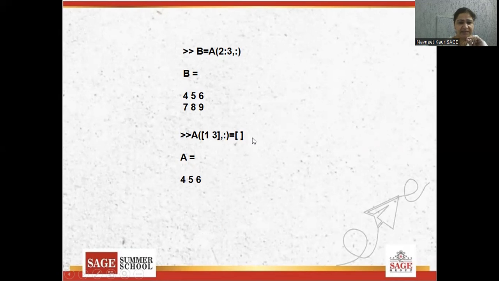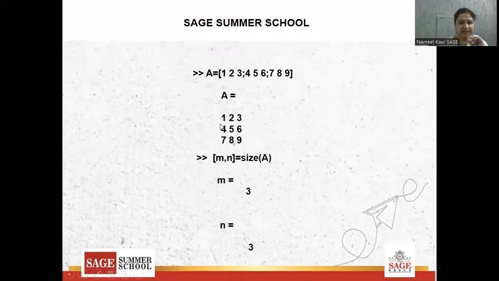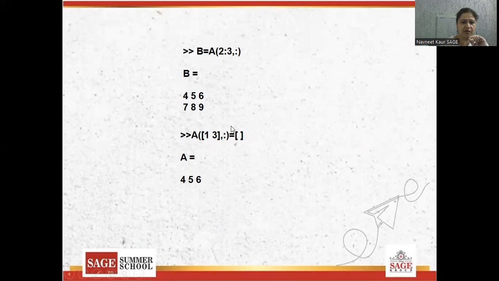Null matrix means that the rows or columns mentioned in the command will be deleted, and there will be no elements in those rows or columns. So here I can see that the first row and third row will be deleted and I'll be left with only the second row. So here we can see the result A is equal to only 4, 5 and 6.